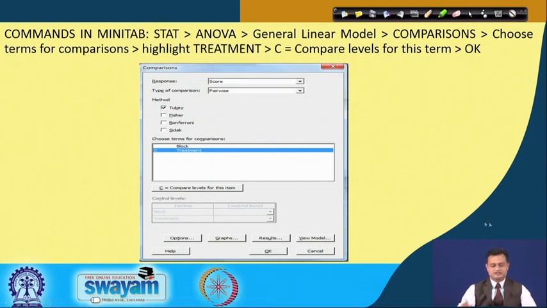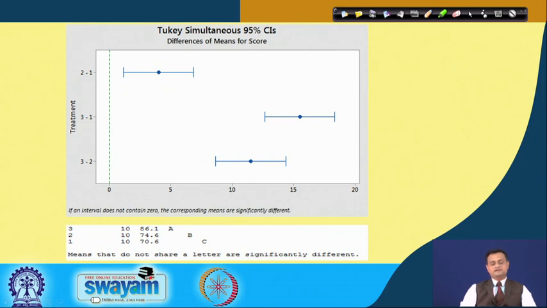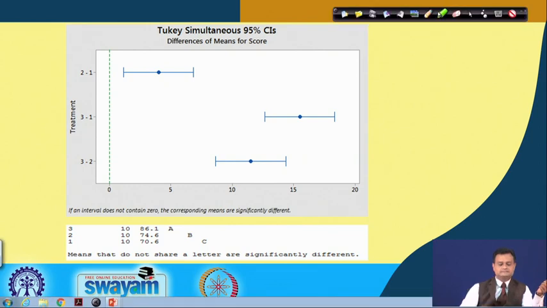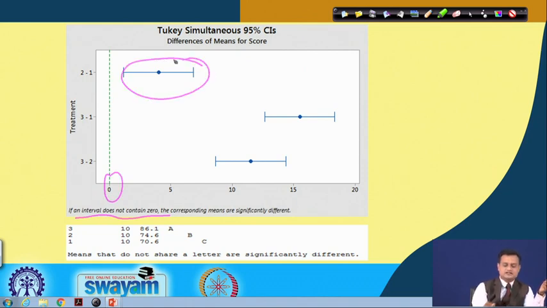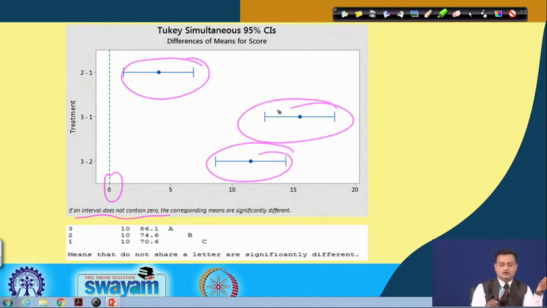If there is a significant difference in the mean score of the 3 different training methods, then typically the interval does not contain 0. You can see that no interval contains 0, and the corresponding means are significantly different.